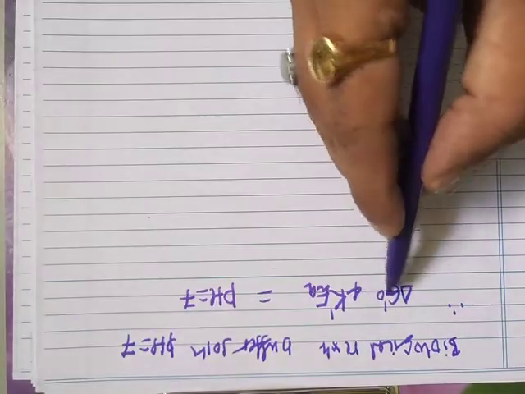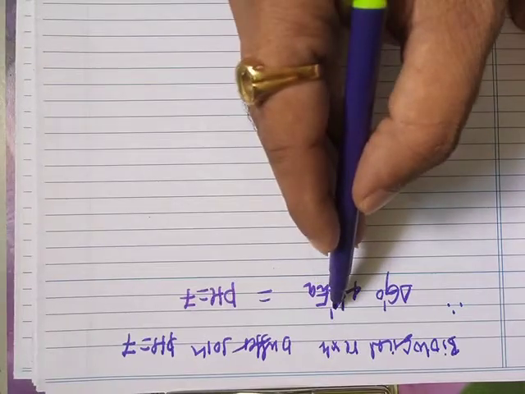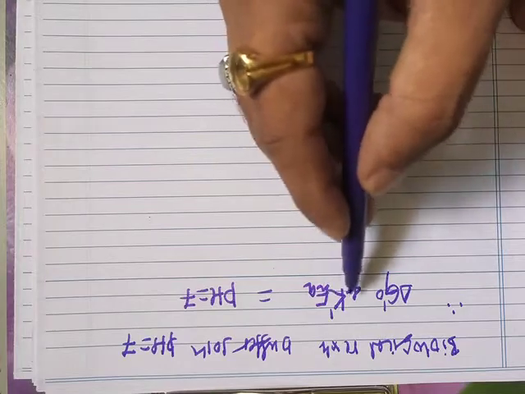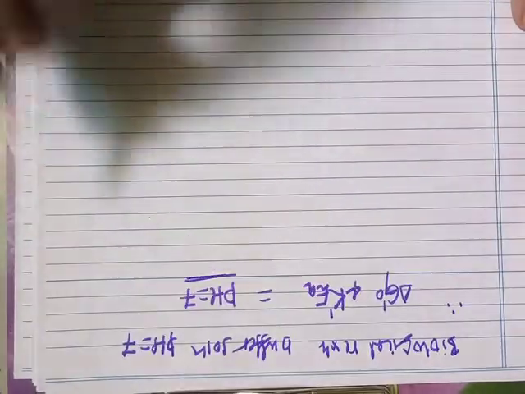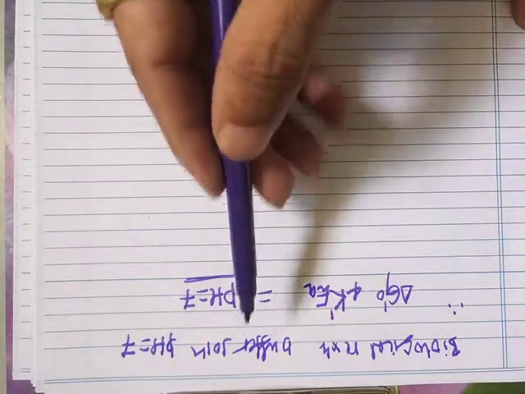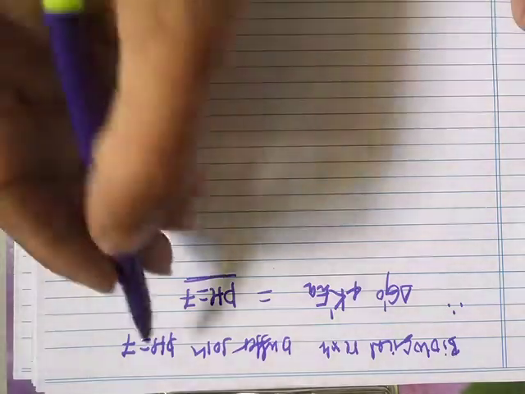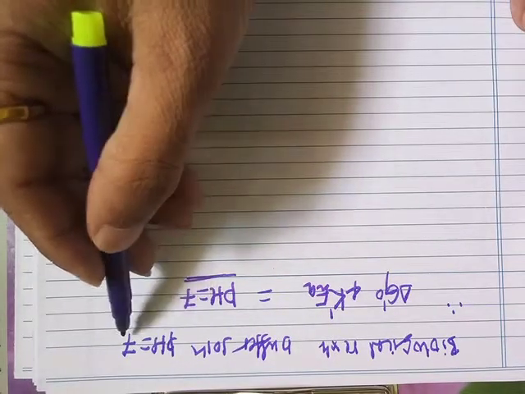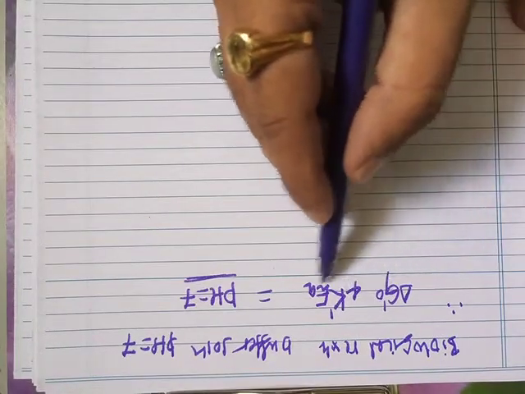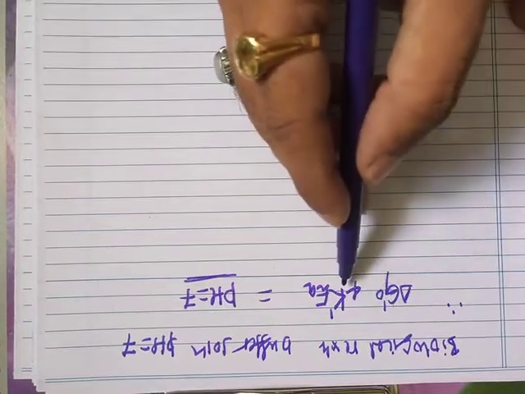So delta G naught dash and the equilibrium constant Keq dash represent the standard free energy change and equilibrium constant at a pH of 7, because biochemical reactions take place in buffer solutions. If the pH of the buffer is 7, then the standard free energy change and the equilibrium constant for a biochemical reaction are given by delta G naught dash and Keq dash.